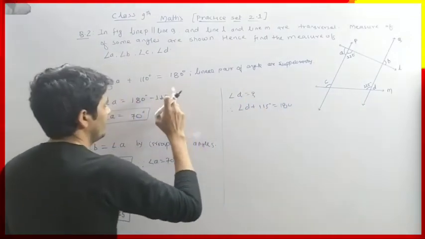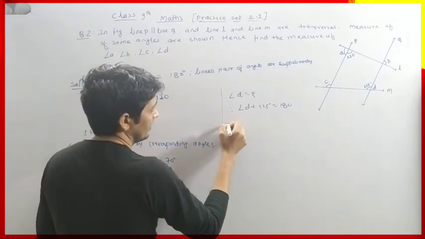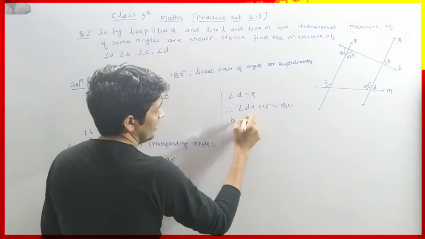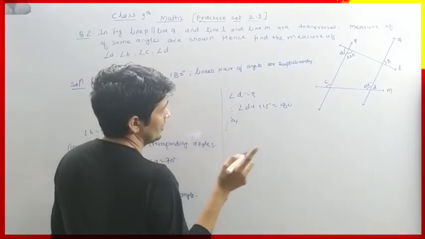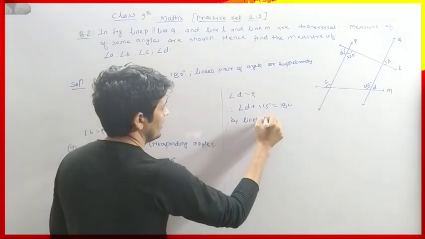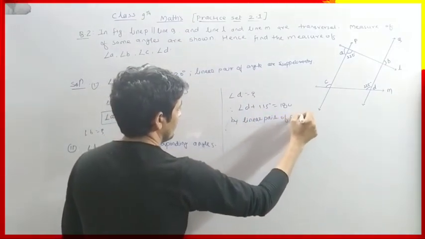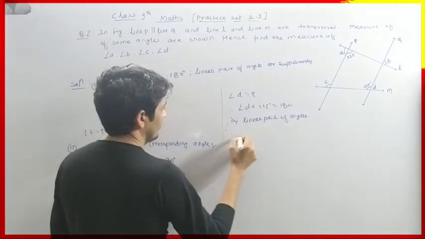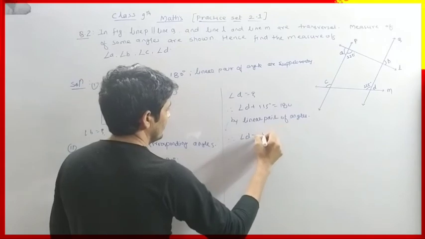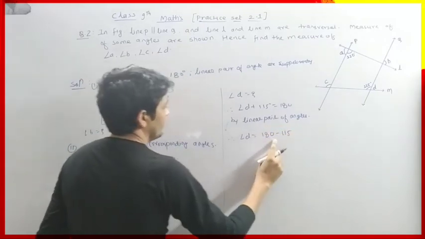The reason is the same, linear pair of angles. Therefore angle D equals, we are transferring 115, so it will go in negative form, 180 minus 115.